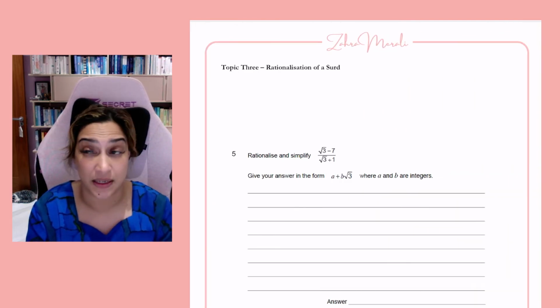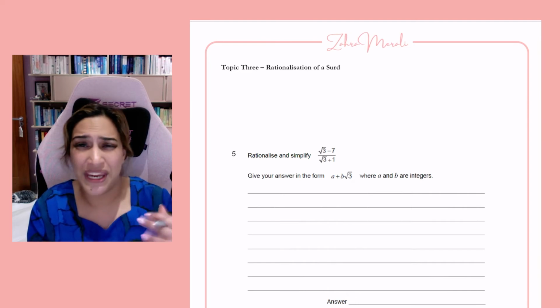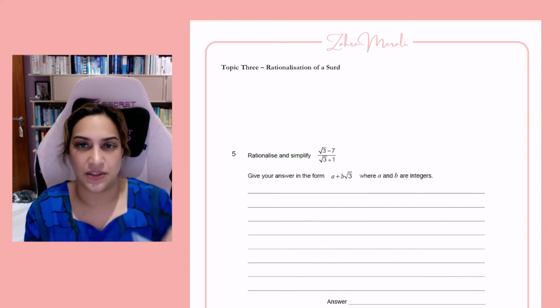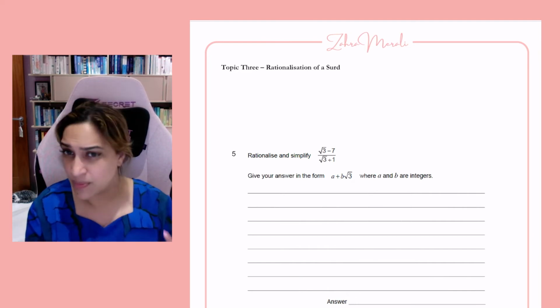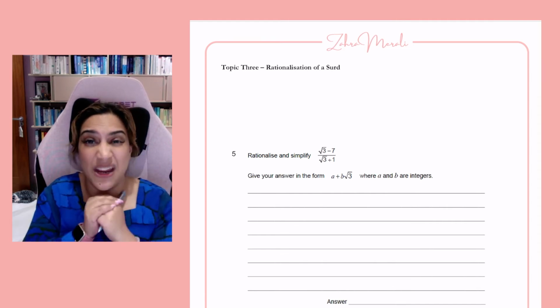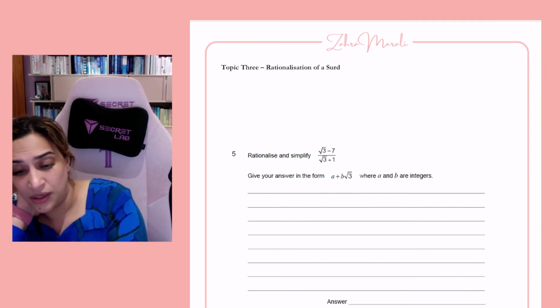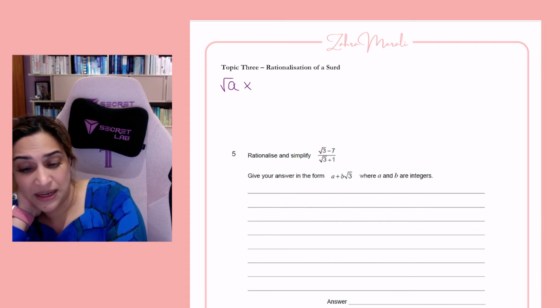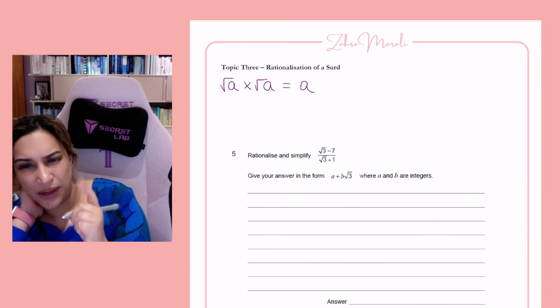Okay, rationalising a denominator or a surd. We do not like surds on the denominator. On the bottom, as mathematicians, we like everything clean and pretty. To get rid of a square root value, we square it and we get whatever was underneath.